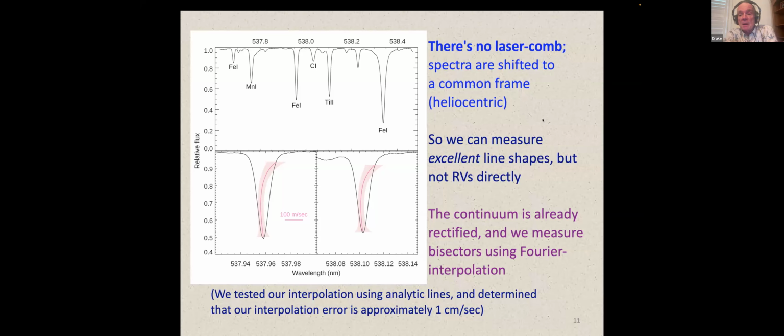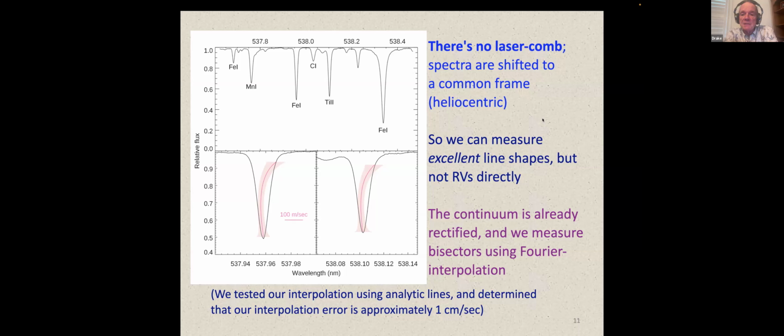And the FTS spectrum itself is not absolute wavelength calibrated, but in our analysis, we don't care so much about the absolute wavelengths. We're going to inject a signal, and then we're going to see if we can recover it in the presence of line shape changes. Another advantage we have is that they've already determined where the continuum level is.